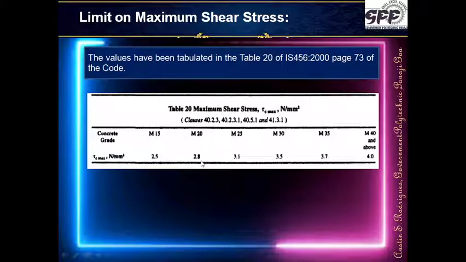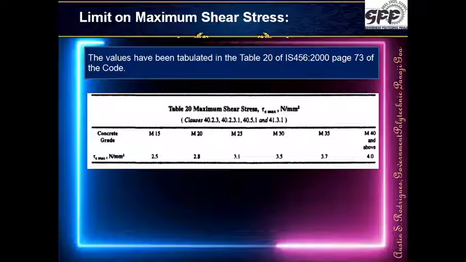Now as a condition, what if there is a beam made of M20, and the value of tau v goes more than tau c max? Say the value of tau v has gone more than 2.8, and has come to 2.85. Then we have no option; we need to redesign the section. When we say redesign the section, what are the options available?